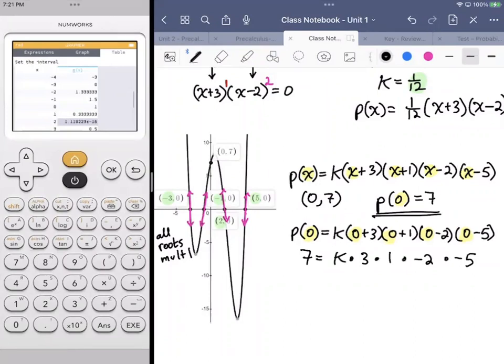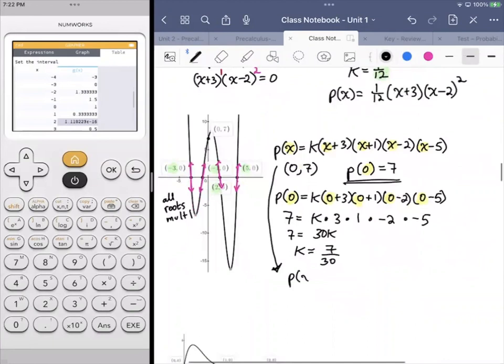And from there, I can simplify, clean it up, and come up with my polynomial function. So we're looking at 30k is equal to 7, which means k, if I divide both sides by 30, is going to be 7 over 30. And now I could backfill that into the polynomial, or polynomial function, I should say.